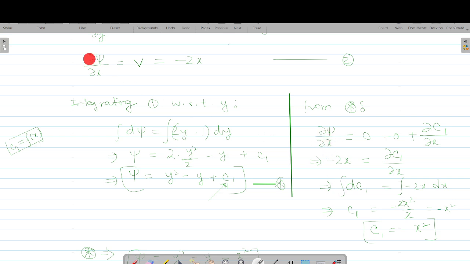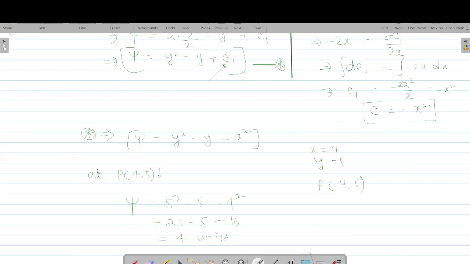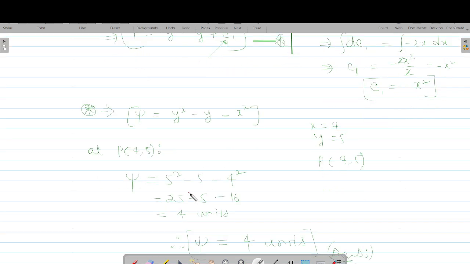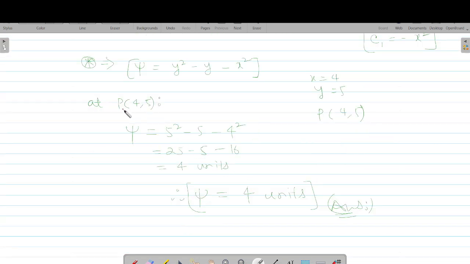Then we figured out the value from here, put this value here, and got the value for c1, and we put this value in the star equation in place of c1, minus x squared. So this is your stream function. At the point given in the question, we have figured out the value in numerical terms, right?